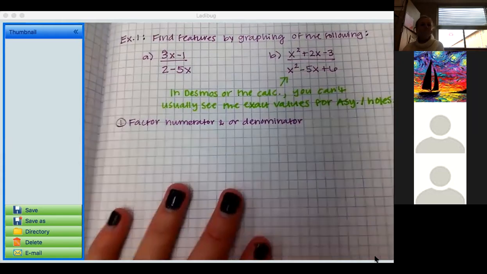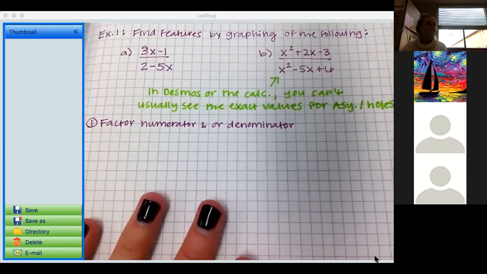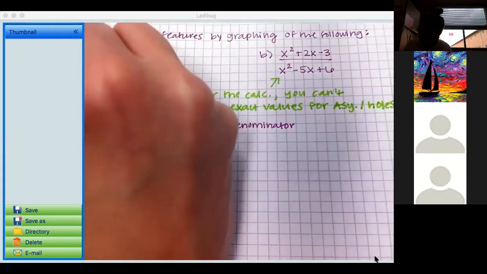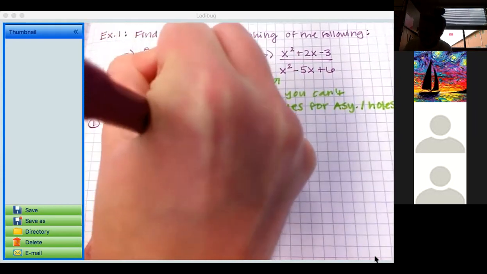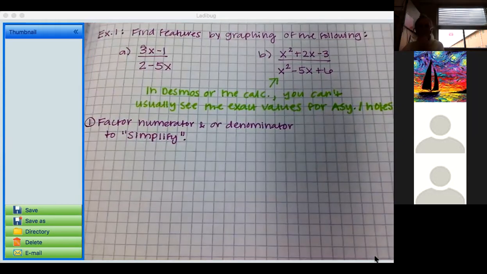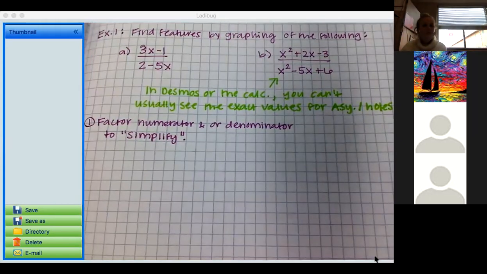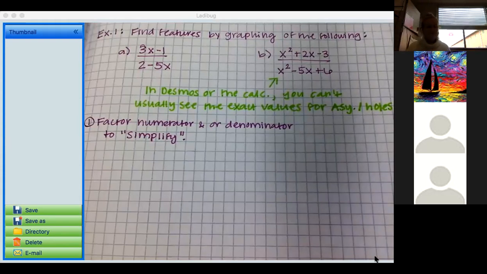We're doing that so we can simplify it, okay? Y'all let me know when y'all are ready for me to move it along.